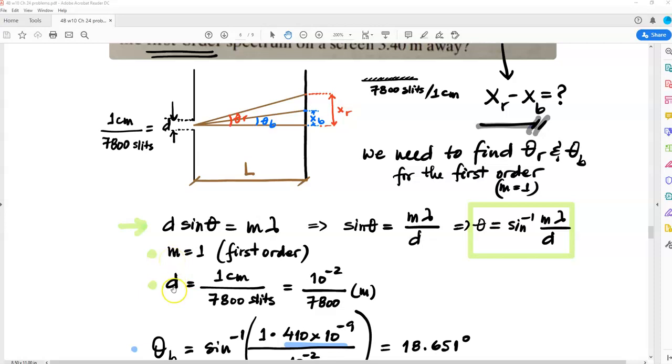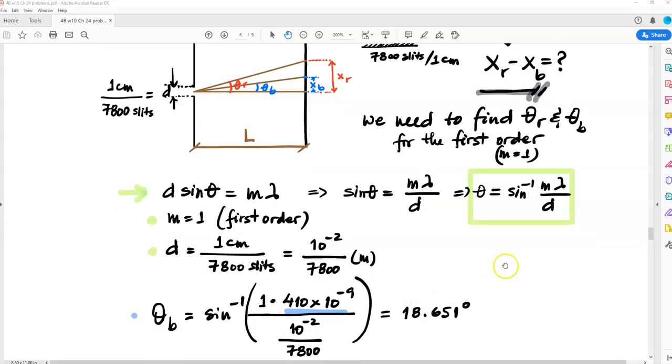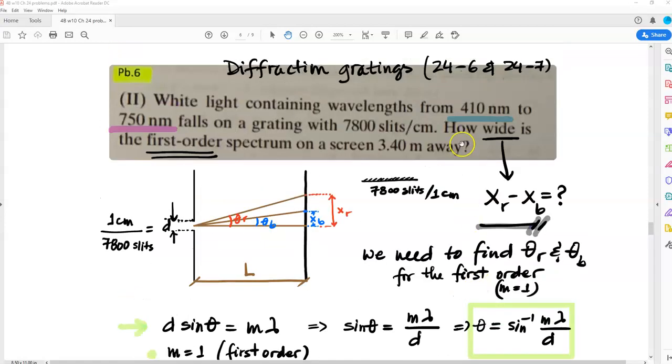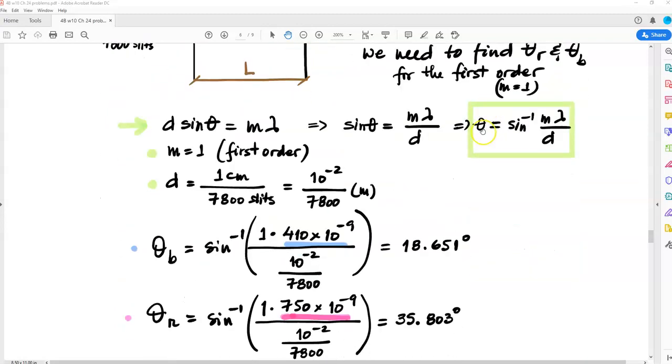Knowing that m is 1, and knowing that d is 10 to the minus 2 over 7,800, you plug in that information here, simplify correctly, and you get 18.651. So I plugged in 410 nanometers, hence that's the blue color right there. So theta blue is about 18.